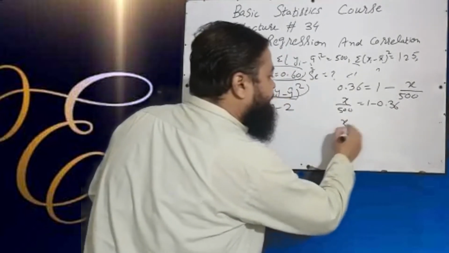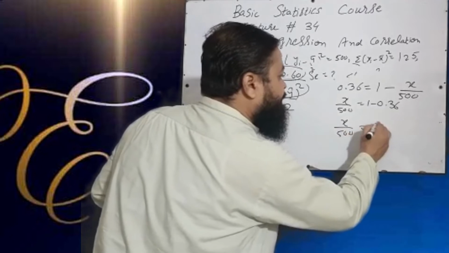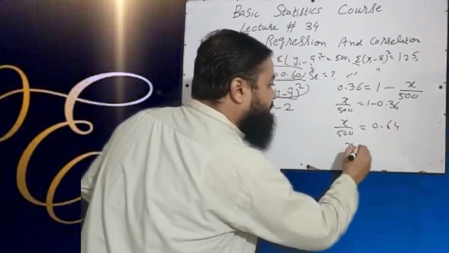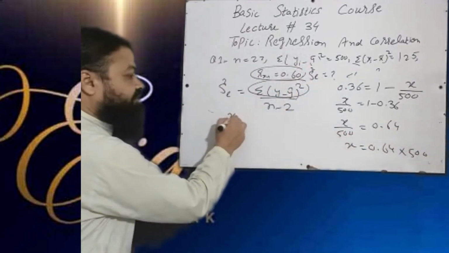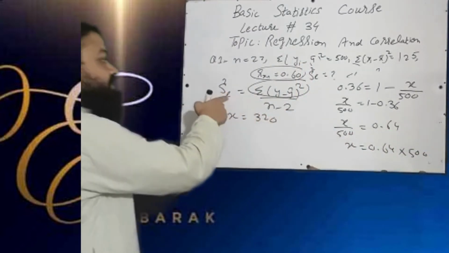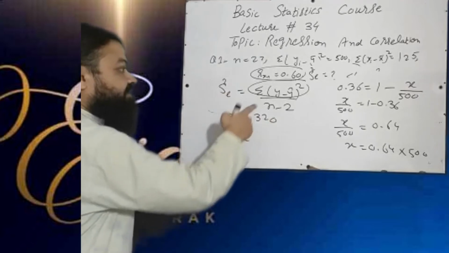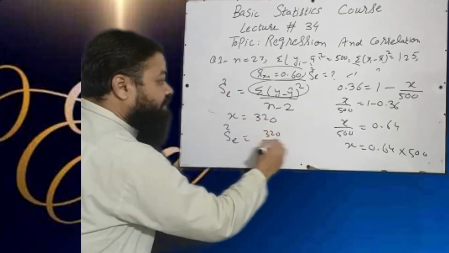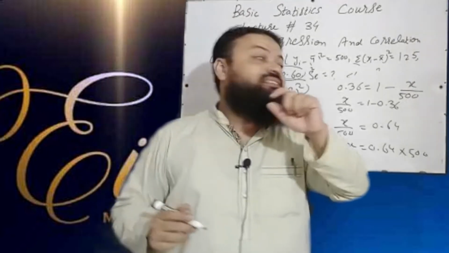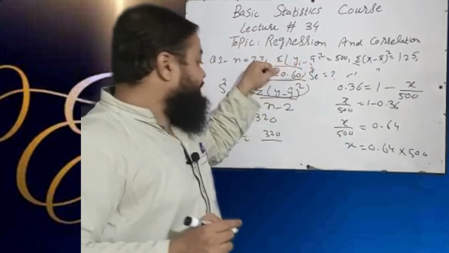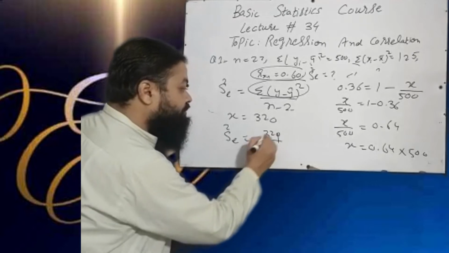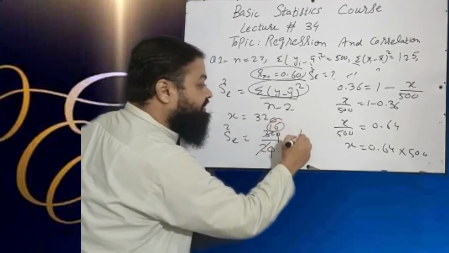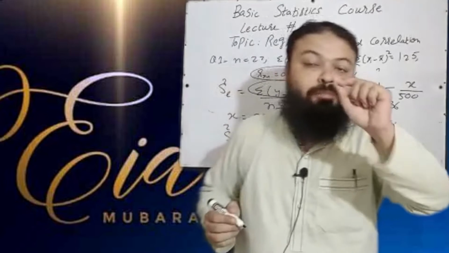That will be x over 500 is equal to 0.64. 500 will be multiplied with 0.64, and the answer will be x is equal to 320, and our target is s square e, which is this 320 over n minus 2. How many observations are there? There are 22 observations. 22 minus 2 is 20. 0 is cancelled with this 0. 2 ones are 2, 2 sixes are 16.